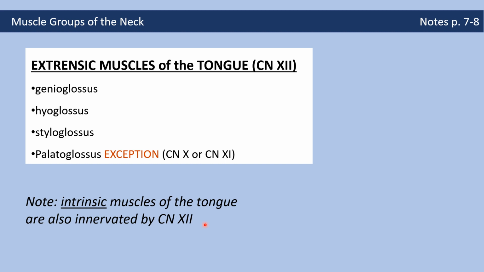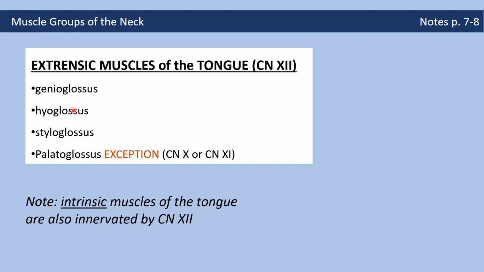The only exception to this group of muscles which represent extrinsic muscles of the tongue is palatoglossus, and it's innervated by cranial nerve 10 or 11, so that's vagus or accessory nerves. And we'll talk about that as we talk about the tonsils and the palates later.